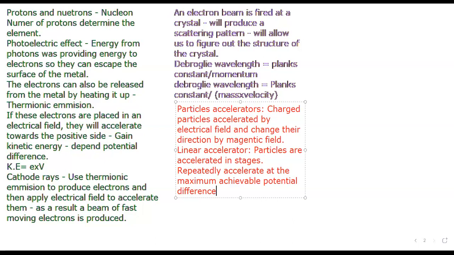So for example, if I want to do acceleration with an electron, I will use an electrostatic machine to produce electrons, and then I will put it inside the accelerator.